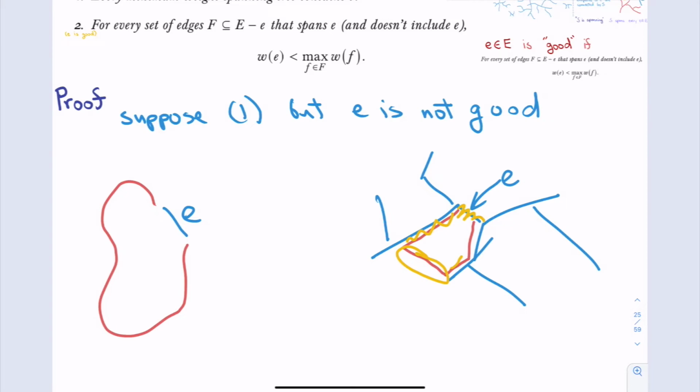There will be some edge that lets me fix the tree, just by virtue of starting in one component and ending up in the other component. So at some point we hop over. That is some edge F, and since it's a counterexample to the good thing, I know that the weight of F is less than the weight of E.